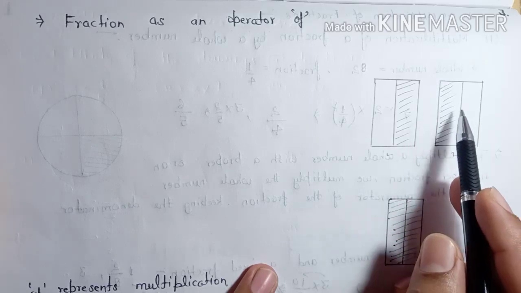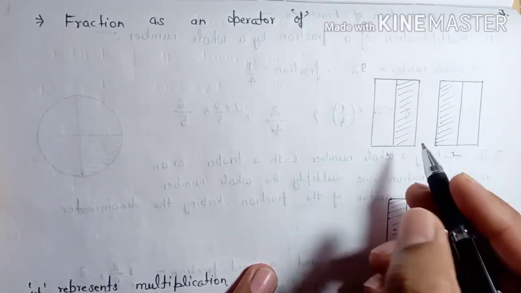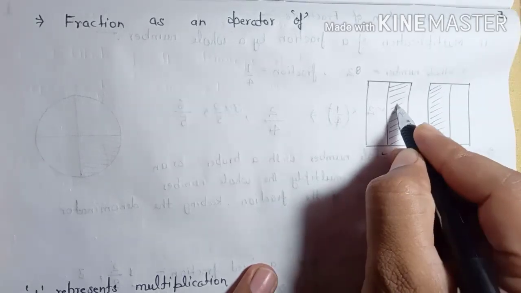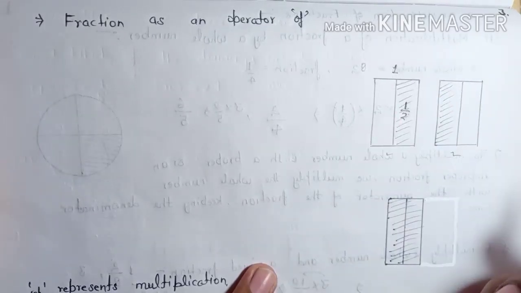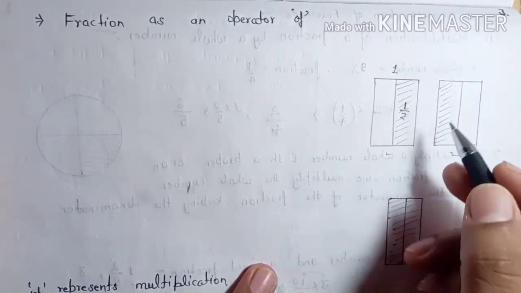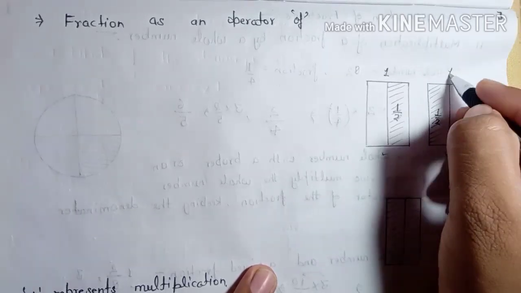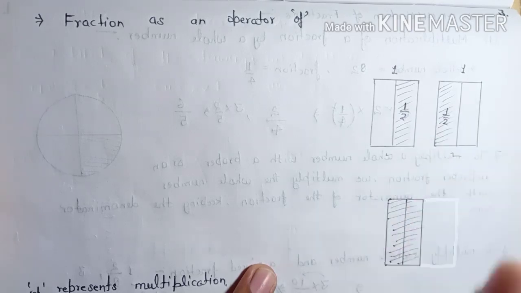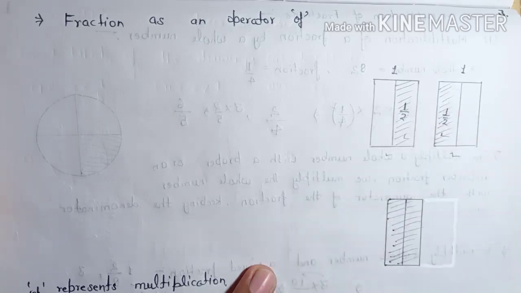If we join these two parts, first you can say this is the 1/2 part of this one rectangle, half of the rectangle, and this is also 1/2 of this rectangle. So if we take this half and this half, that will be half of the two rectangles.